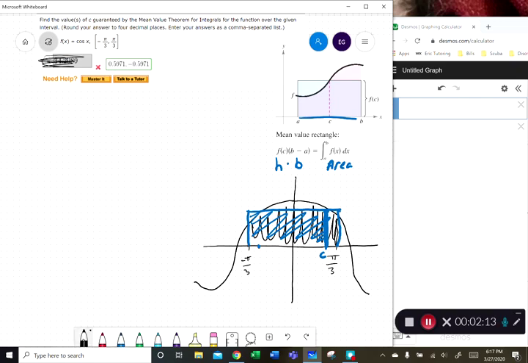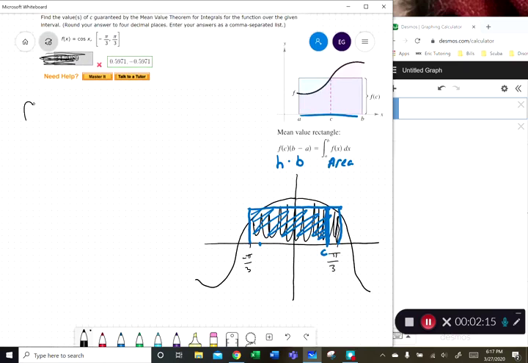So f of c times b minus a, where a is negative pi over 3 and b is pi over 3, so b minus a is 2 pi over 3. So f of c times b minus a should equal the area under the cosine function from negative pi over 3 to pi over 3.